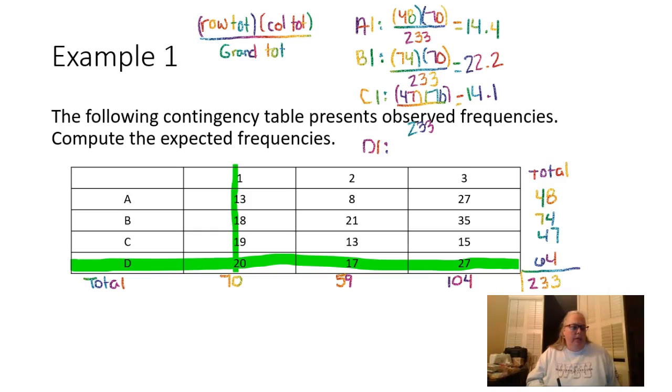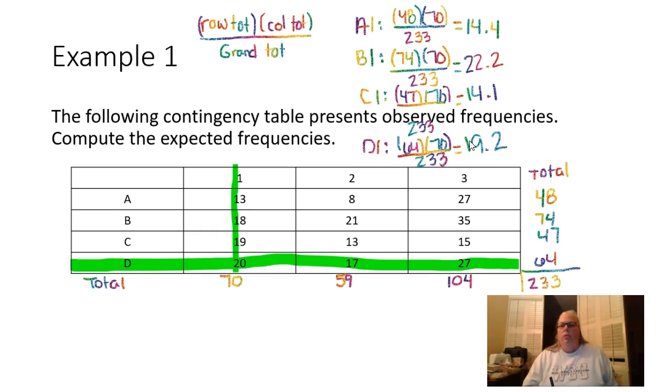Column 1, 70 is my total here. Therefore, D1 is going to be 64 times 70 divided by 233. And we'll put this in the calculator and round it out to 1 decimal. And this is giving me 19.2.